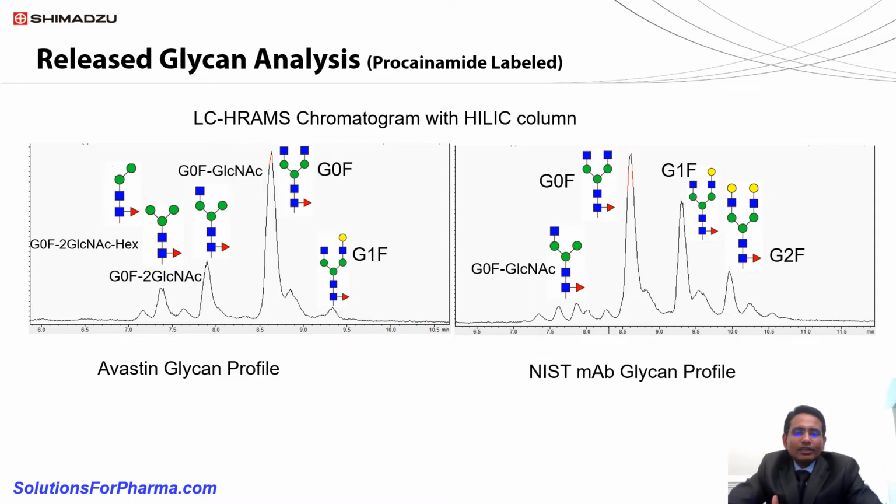On the other hand, it was also proven that it can significantly enhance the ionization ability in LCMS, especially using electrospray ionization. So you can see here the Avastin glycan profile on the left side and the NIST mAb glycan profile on the right side. They both are nicely separated and you can easily quantify them.